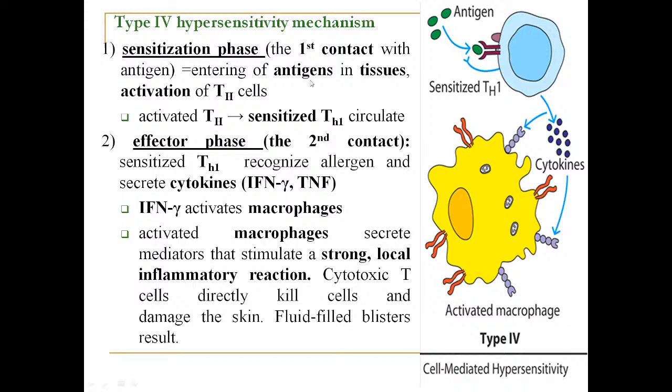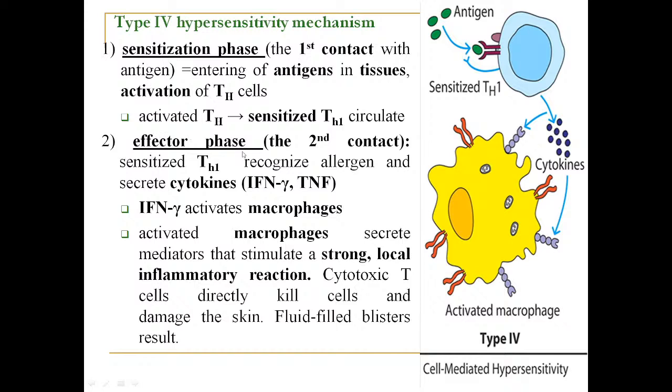Allergen enters in tissues and activate T helper memory cells, T helper cells. You remember that T helpers includes Th1, Th2. In hypersensitivity type 4, Th1 takes part, so sensitized Th1 circulate in the bloodstream of the patient. They are sensitized by this allergen.